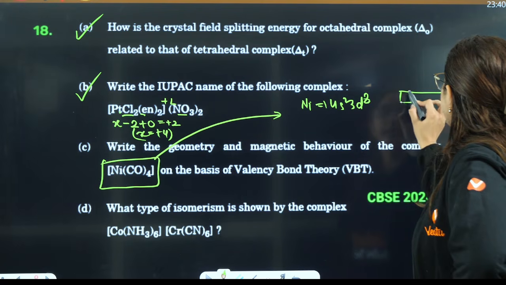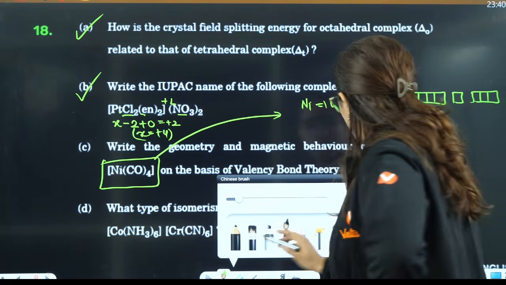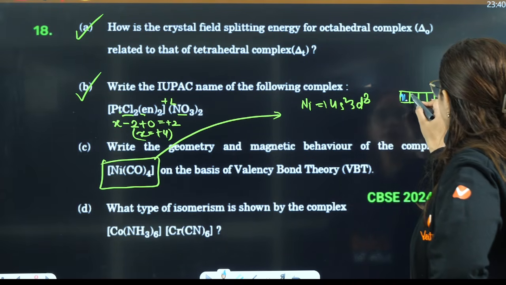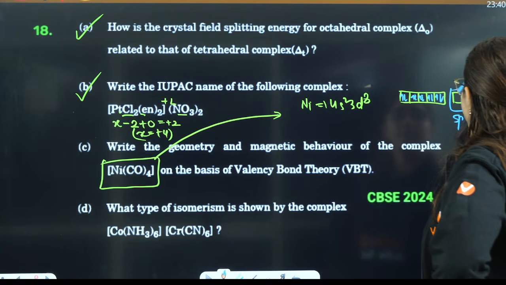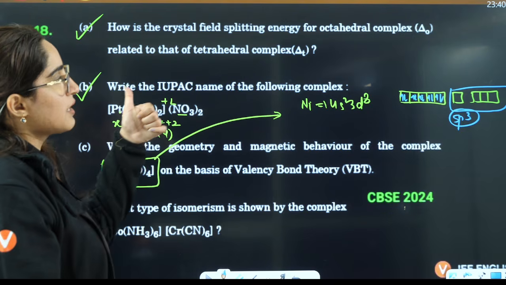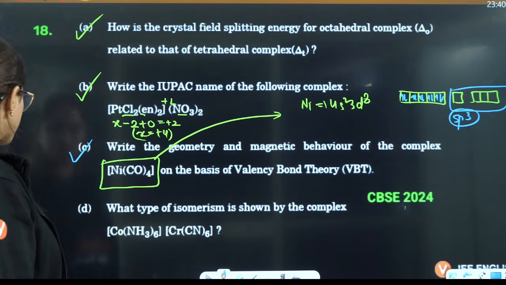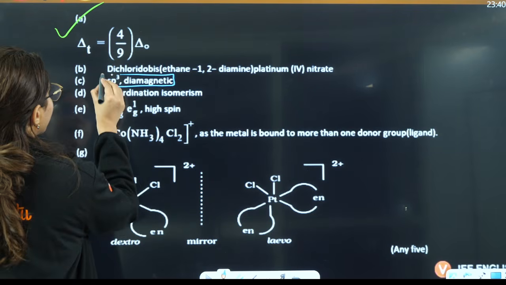Here this is D, this is S, and this is P, total 10 electrons. CO is a strong ligand, so the electrons fill 1, 2, 3, 4, 5, 6, 7, 8, 9, 10, and you will be left with sp3, that is tetrahedral. It is diamagnetic because there are no unpaired electrons here. So it is diamagnetic and tetrahedral.